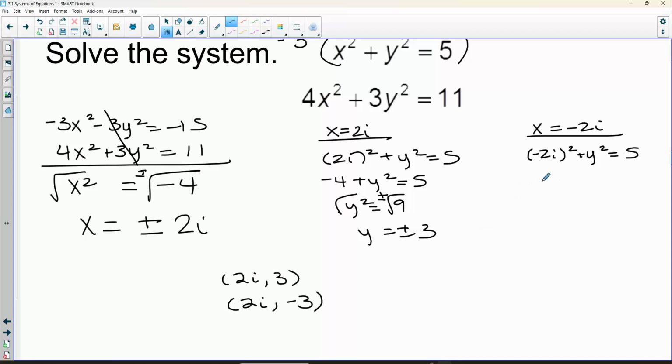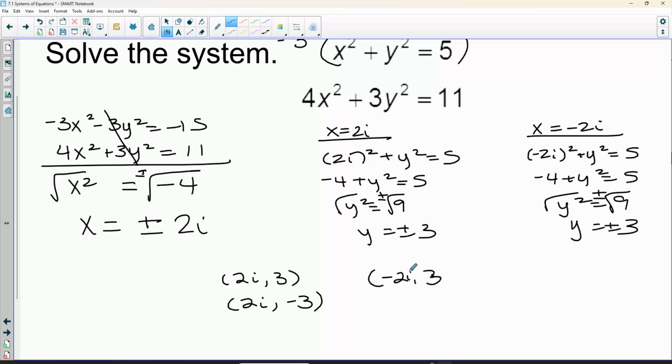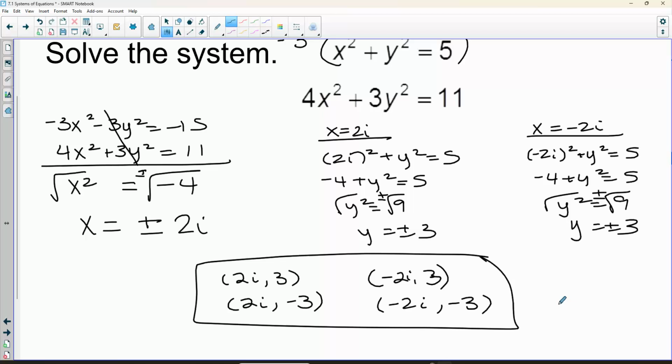So if I add that over, y squared is 9. Square root plus and minus, and we get plus and minus 3 again. So negative 2i and 3, and negative 2i and negative 3. So it's okay if you get an i. You might have multiple answers here. That's okay.